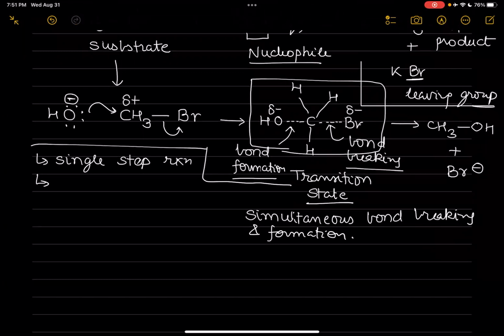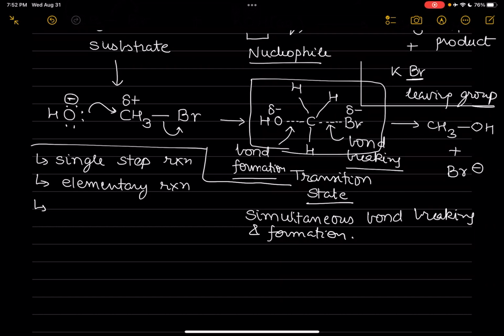And these single step reactions are known as elementary reactions. Okay, and in the single step, the nucleophile molecule is colliding with the substrate molecule, the alkyl halide molecule. Two molecules need to collide together to form the product.